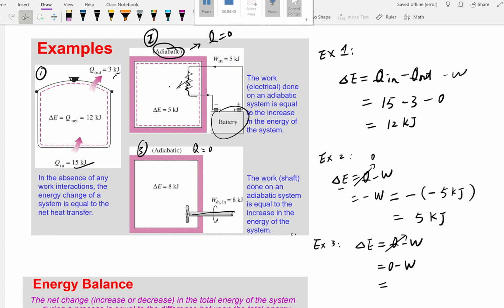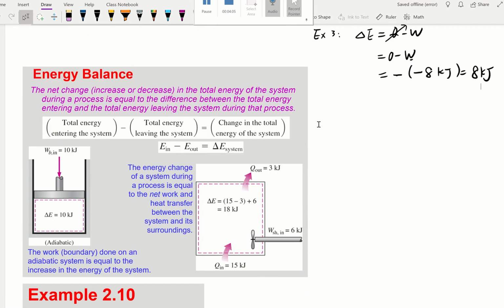This is work done to the system, right? Because the shaft is turning the fan, so it's done to the system. So this W would be a negative value. So you have minus a negative 8 kilojoule. Then that's going to give us 8 kilojoule. Okay, so that's the increase of energy of the system for that situation.